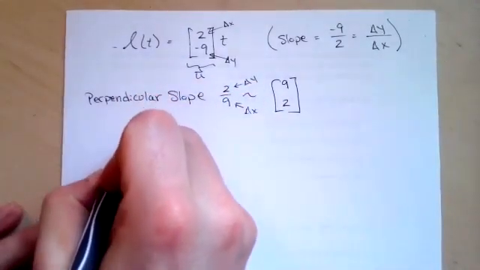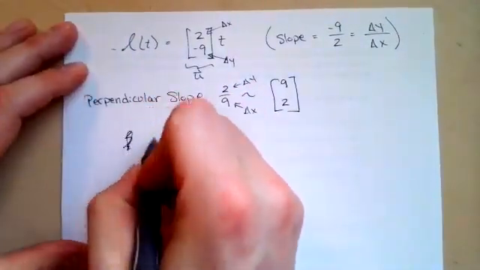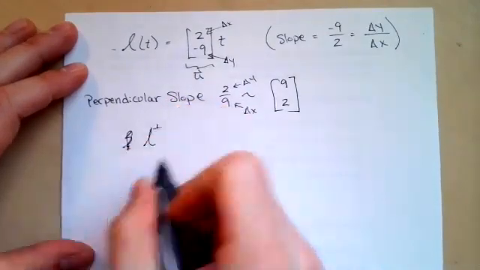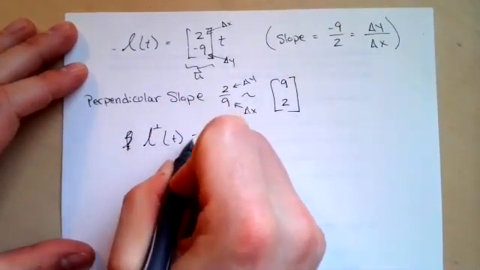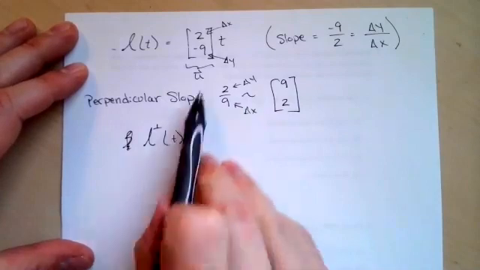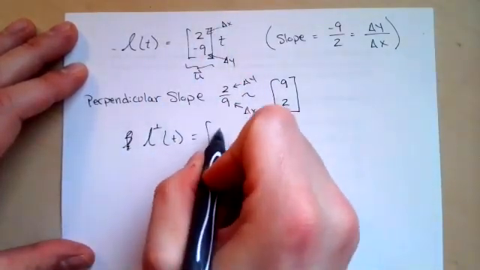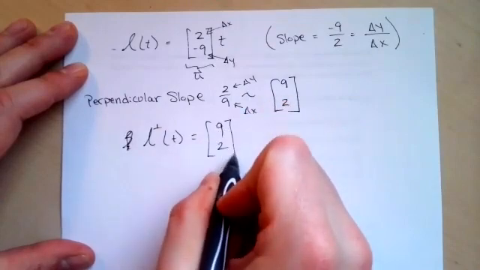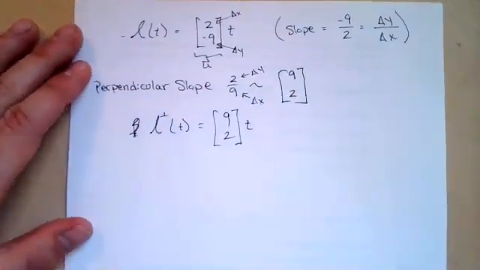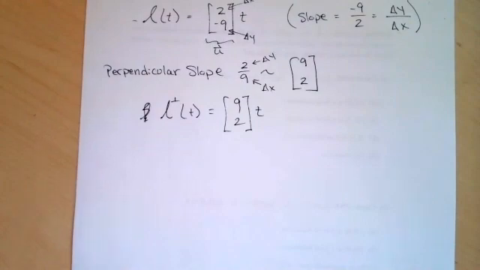So we might write something like L perp, the line through the origin perpendicular to this line, will have our directional vector (9, 2), and then scaled for time.